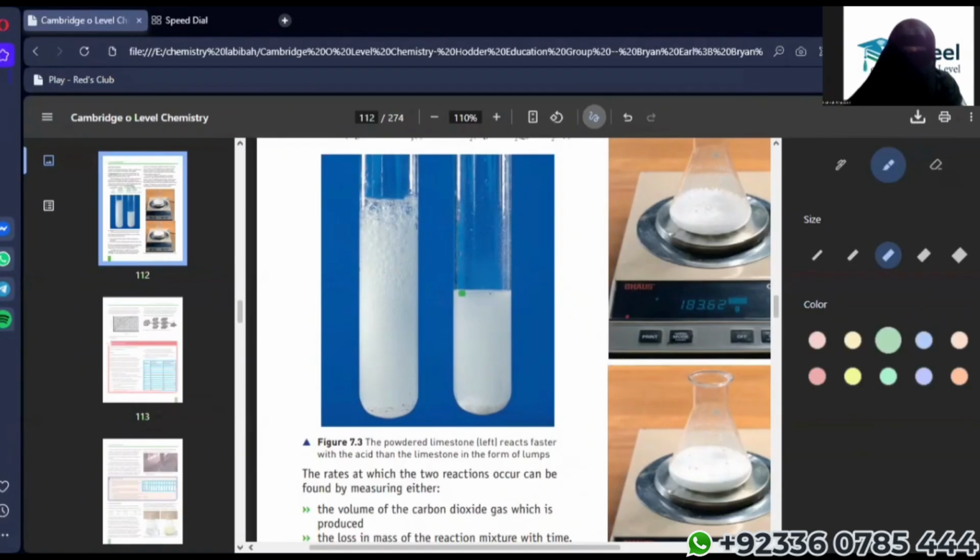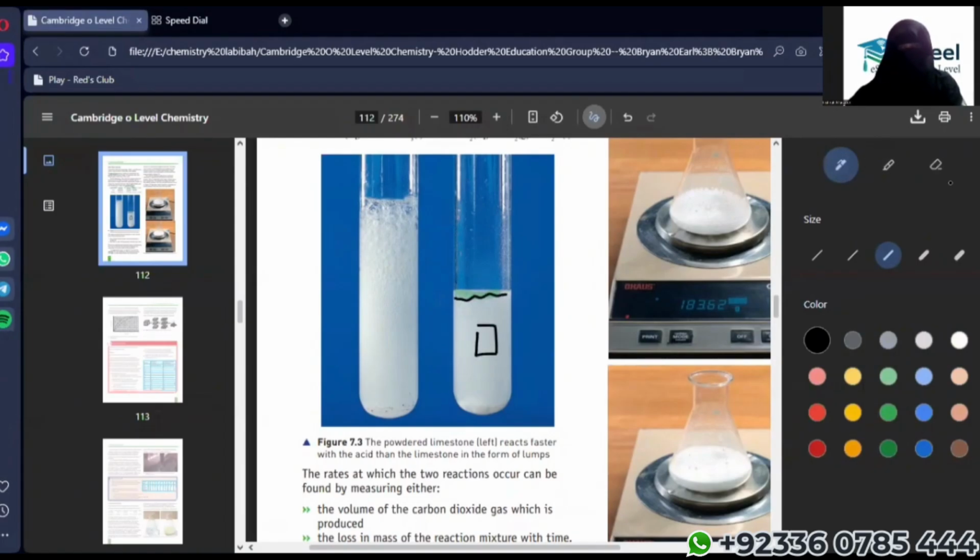With lower surface area, you have less fizzing, as you can see here. With low surface area, which means a block of limestone, you have less fizzing, which means that this reaction is slower. However, with powdered limestone, you can see that there is more fizzing, which means the rate of reaction has increased.